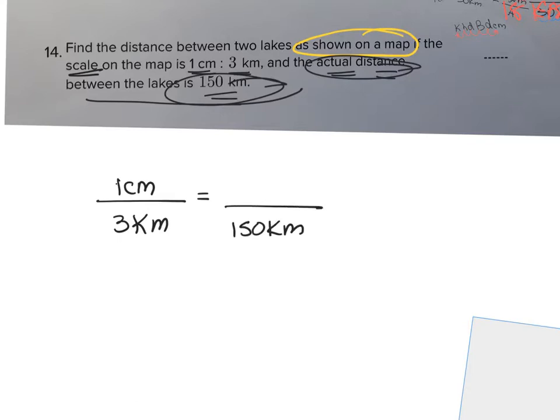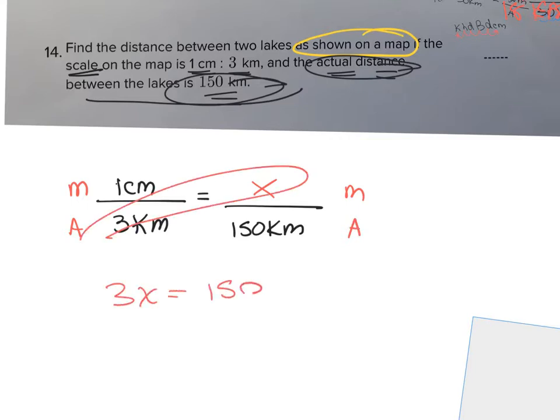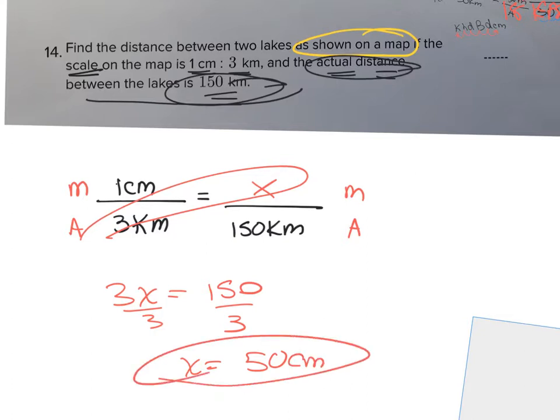And they want to know what the map distance is, so let's say X. The map is to the actual as the map is to the actual. Cross multiply, you get 3x is equal to 150. Divide by 3 and you get 50. 50 what? Centimeters, because they're asking for the map distance, not the actual distance.